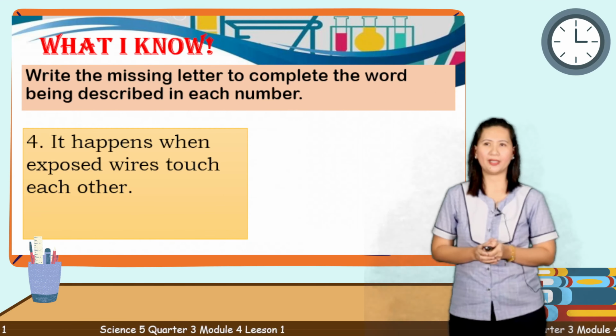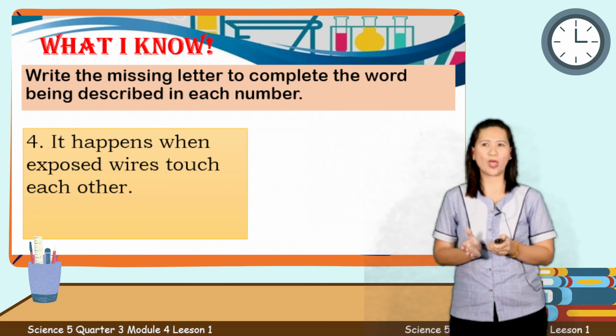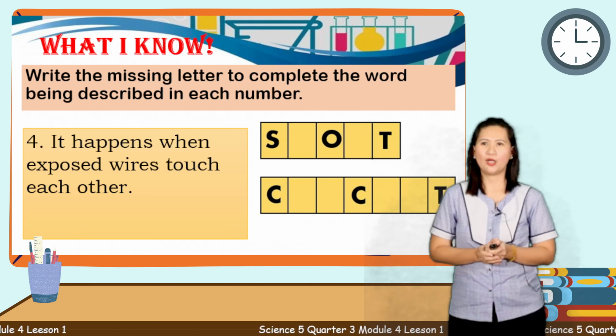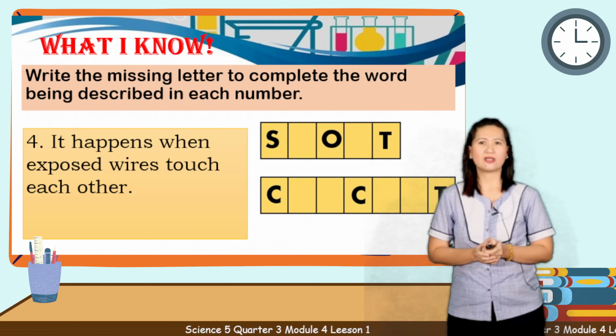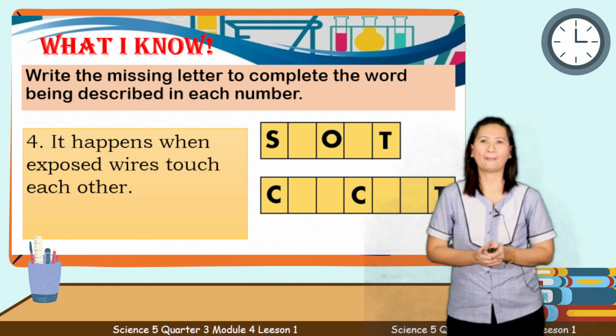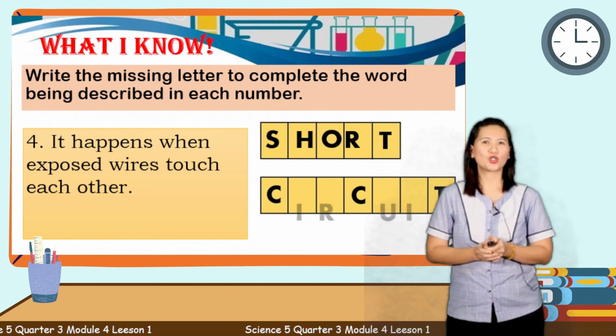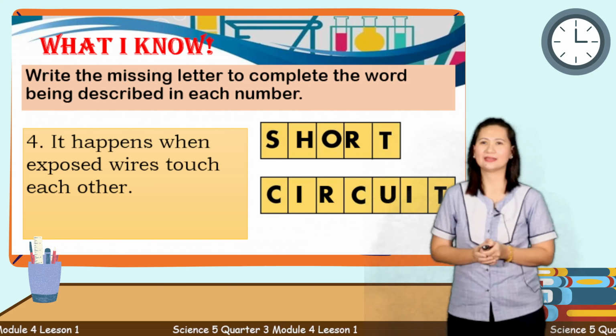Number 4. It happens when exposed wires touch each other. What is that circuit? The answer is short circuit.